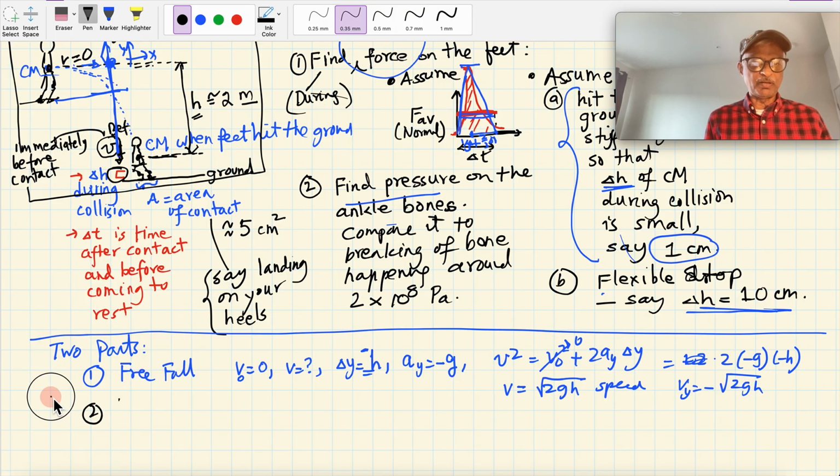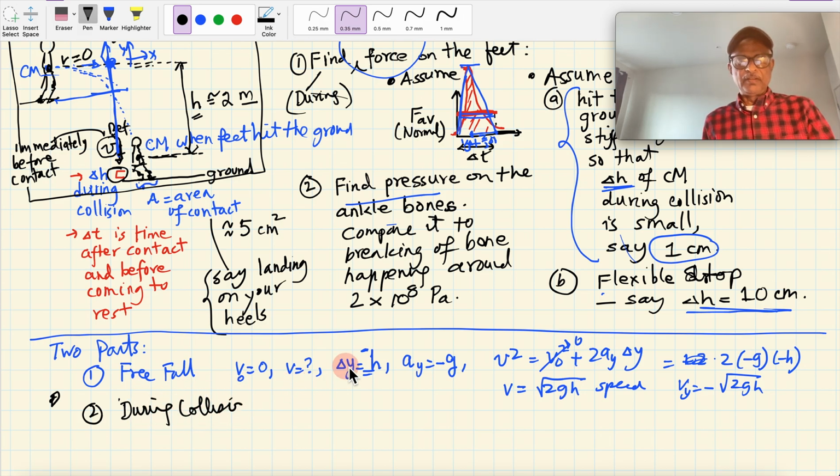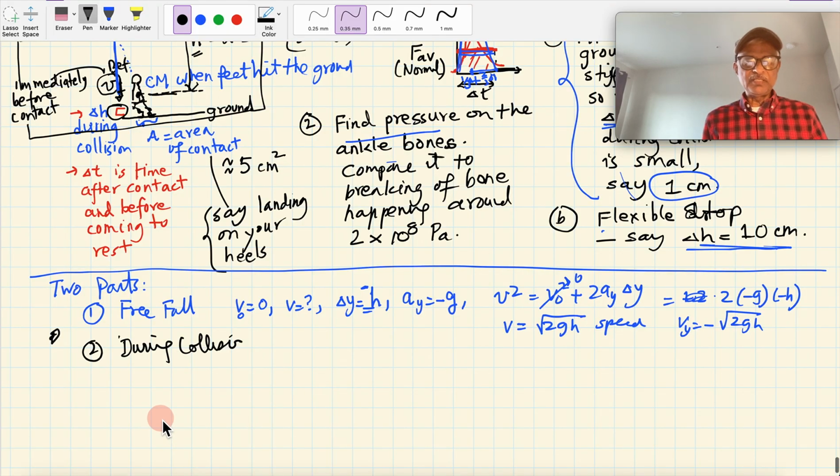Now the second part is during collision. The collision is between the floor, which is kind of infinite mass, and you.